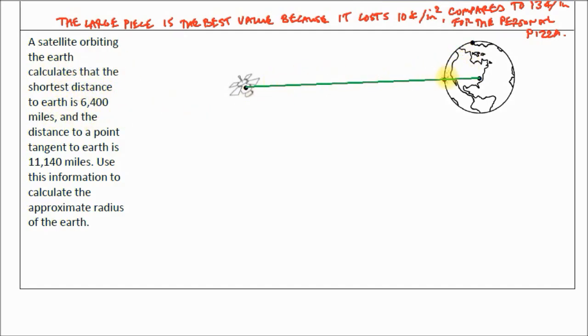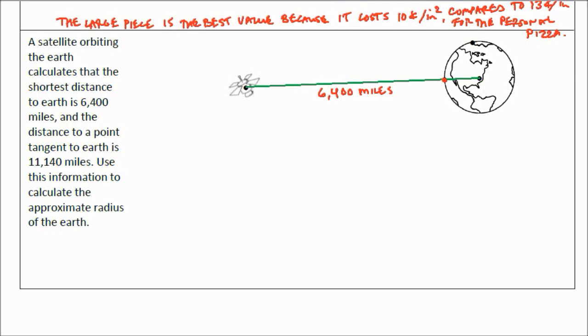That's actually to this point right here, the closest point to the Earth. So I'm going to label this 6,400 miles. It's the distance from the satellite to this point. It's not to the center.